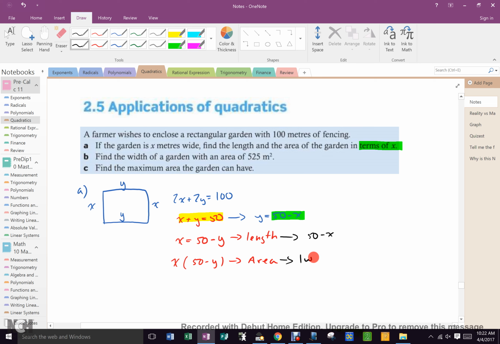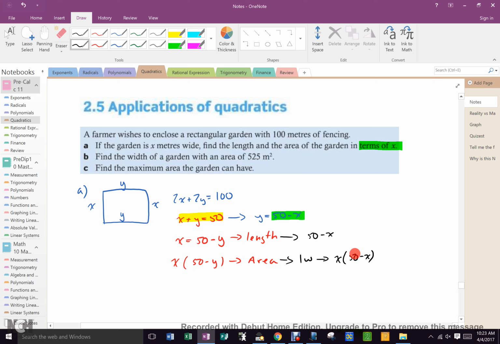What's my width? We already know it's what? Look at our diagram. What is our width? X. And what is our length? Y. But y is 50 minus x. So what goes here? 50 minus x. Now are we in business?